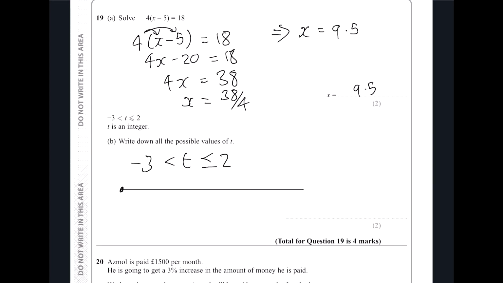So we have minus 2, minus 1, 0, 1, and then 2. It could only be these, because it cannot be minus 3 since it has to be bigger, and it can be 2, so it's those. So write down all the possible values. So t can be minus 2, minus 1, 0, 1, and 2.